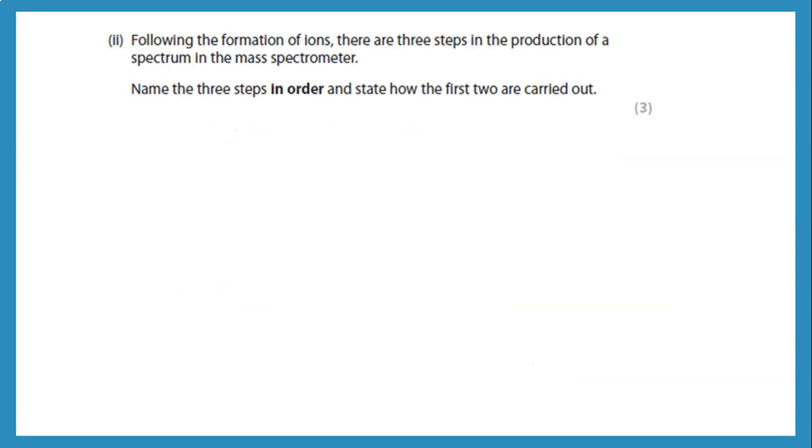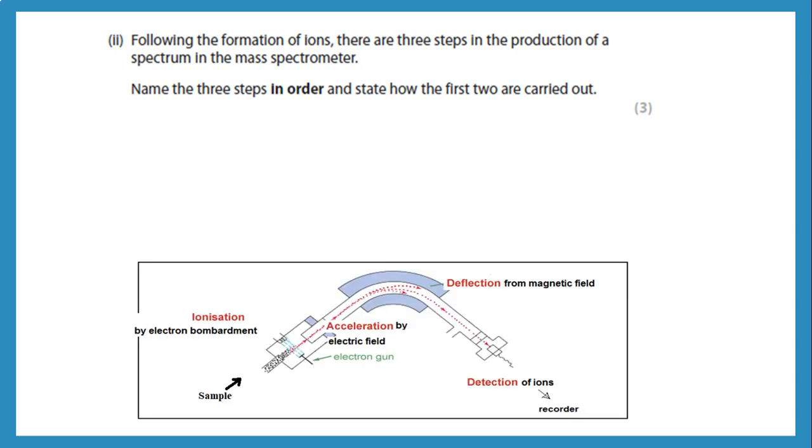So if we say following the formation of ions, there are 3 steps in the production of a spectrum in the mass spectrometer. So we said first it's vaporized, then bombarded by electrons, so it is ionized, changed into positive ions.